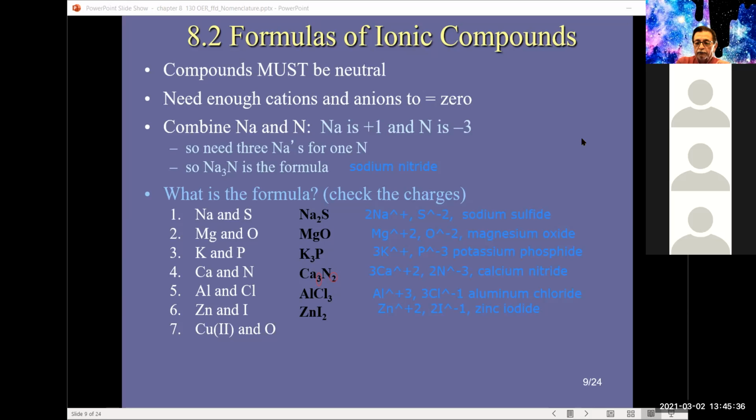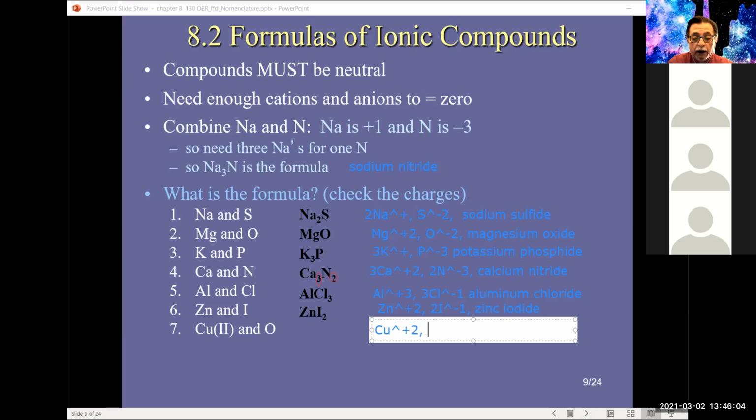All right, a little bit different here now. This time they give you a variable oxidation number metal. Copper is not part of the 16, so we have to tell you which oxidation state you're working with. And they do that by using Roman numerals. The Roman numeral there tells me that I'm using copper 2.